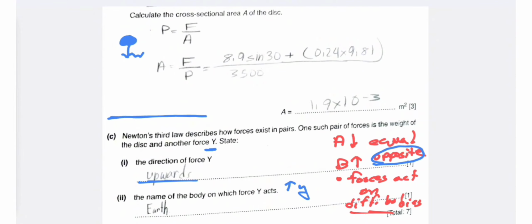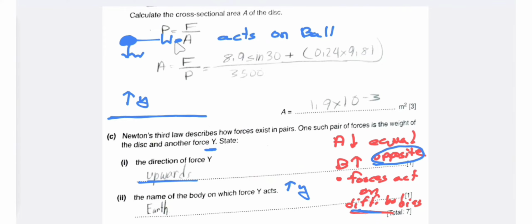So weight acts on ball. Since the weight is acting on the ball, and we know that forces act on different bodies, force y, that is acting upward, as we already mentioned, must act on the other object.